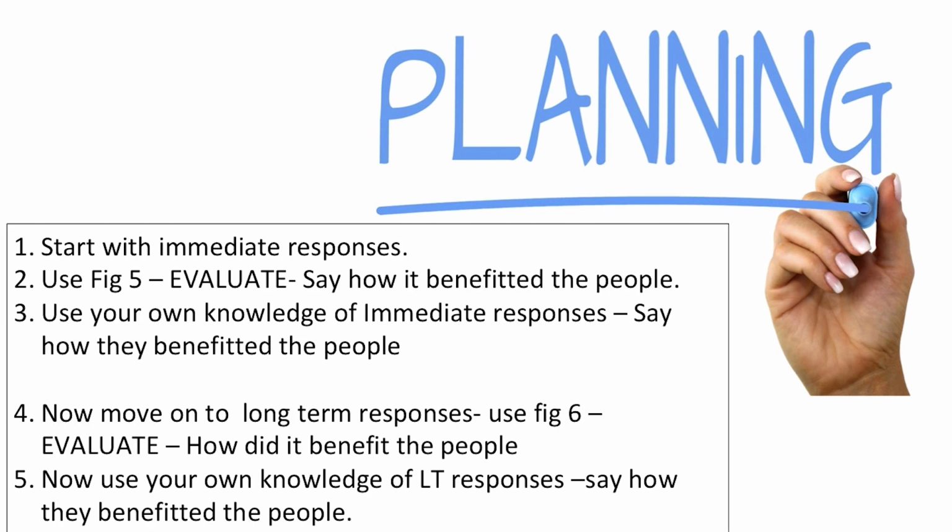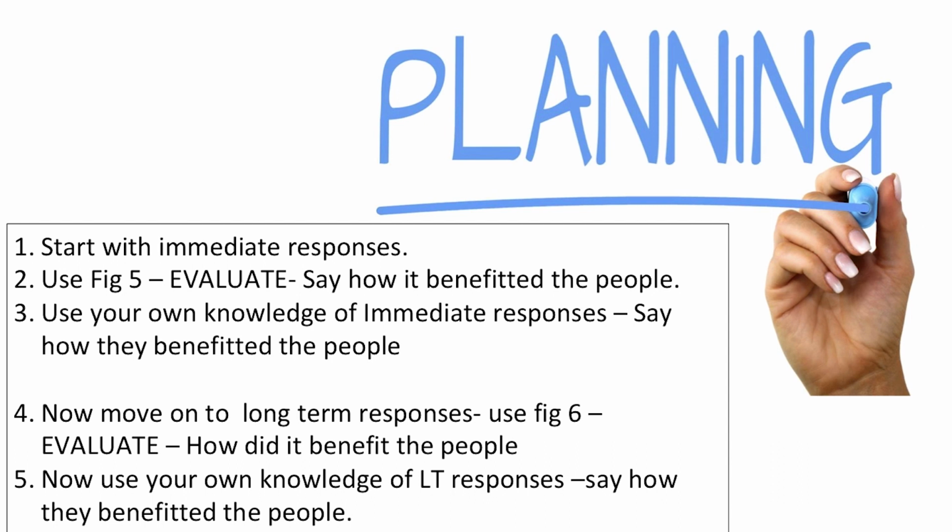Let's plan our response. Start with immediate responses. I'm going to use figure 5 and then I'm going to evaluate that and say how it benefited the people. Then I'm going to use my own knowledge of immediate responses and say how they benefited people. Then I will switch and I will use figure 6 and talk about long-term responses and how they benefit the people.